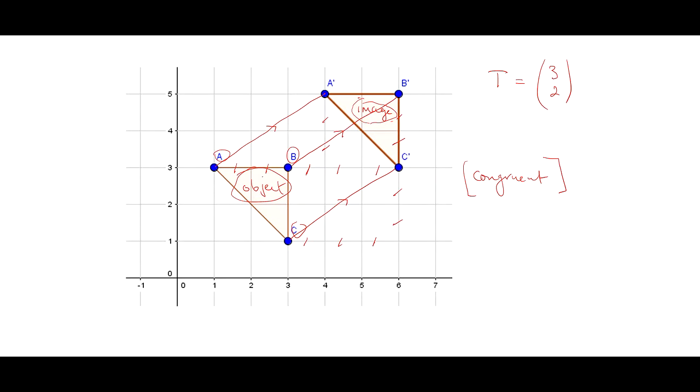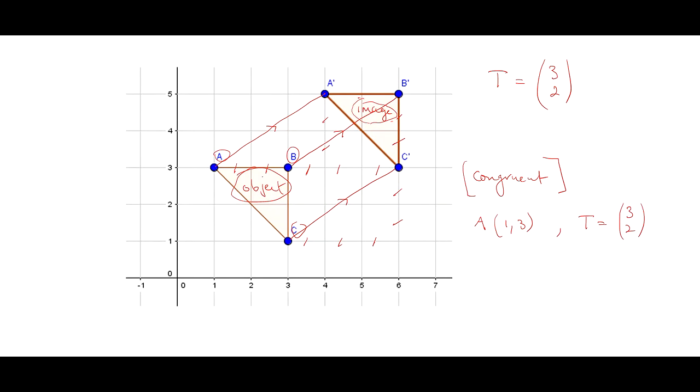Now, in the multiple choice exam, you may see a question where they give you the coordinate of one point. So let's say the coordinate of A is 1, 3, and they tell you that the translation is given by 3, 2. Determine A prime.